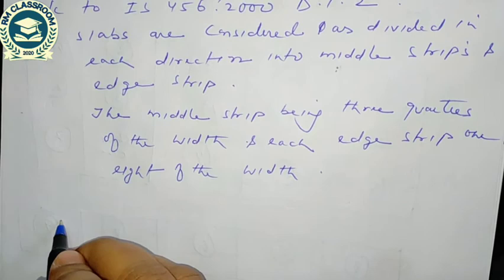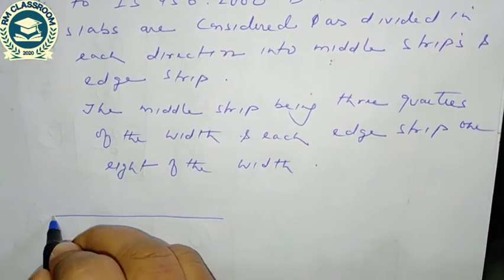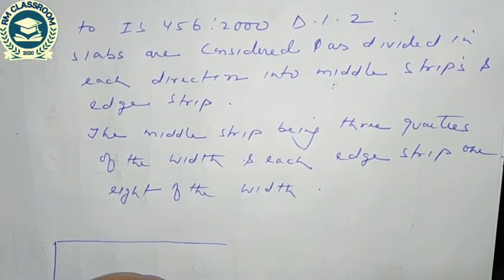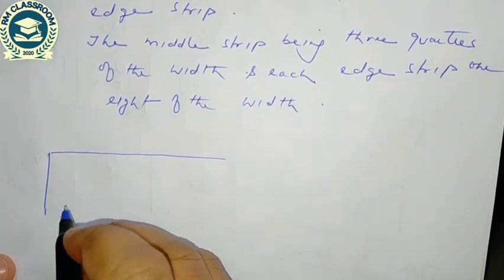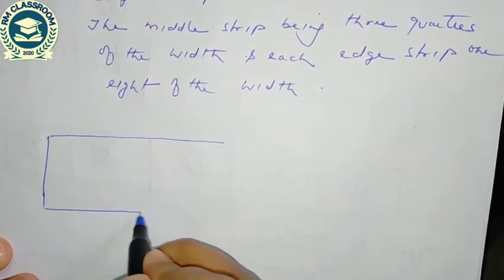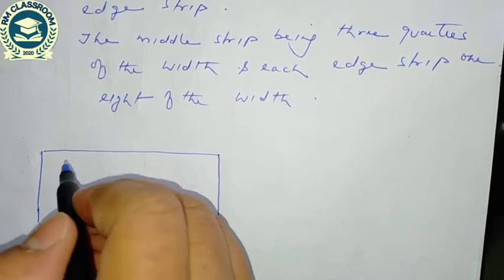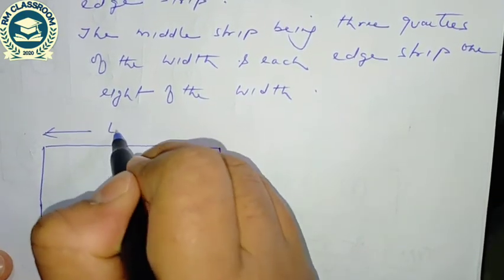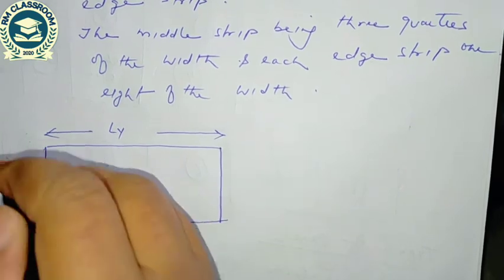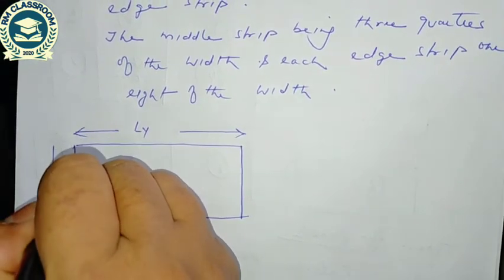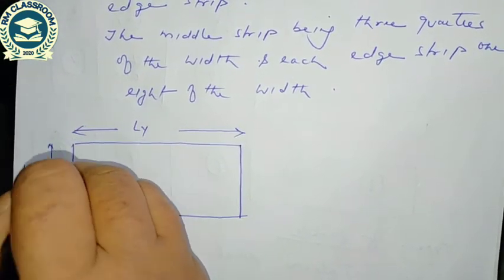So if I draw the division of slab into middle and edge strip, if this span is the longer span Ly and this span is the shorter span Lx.